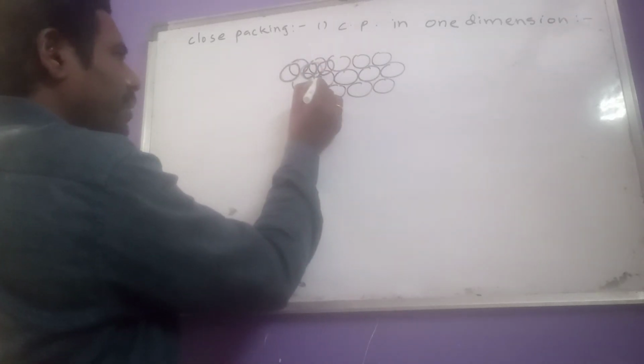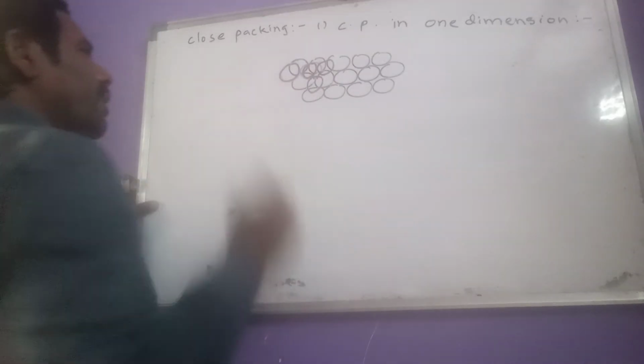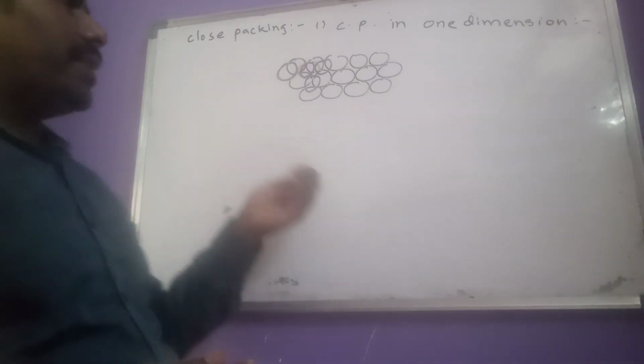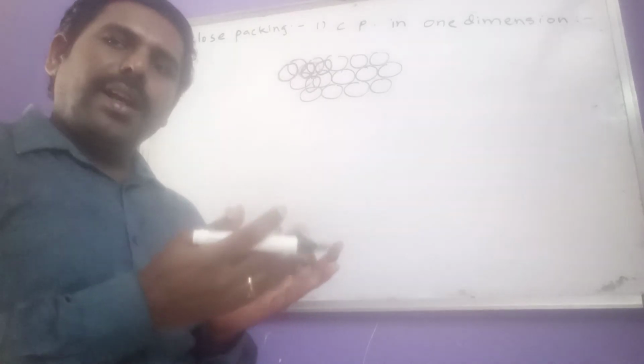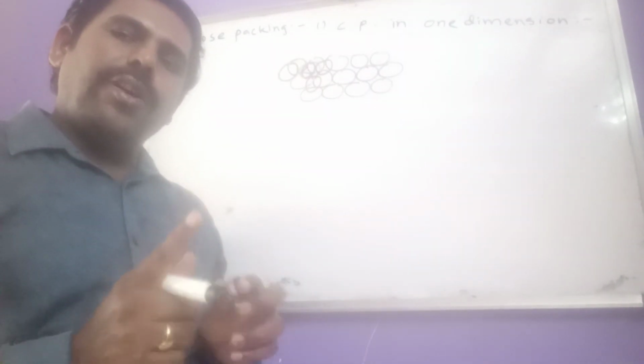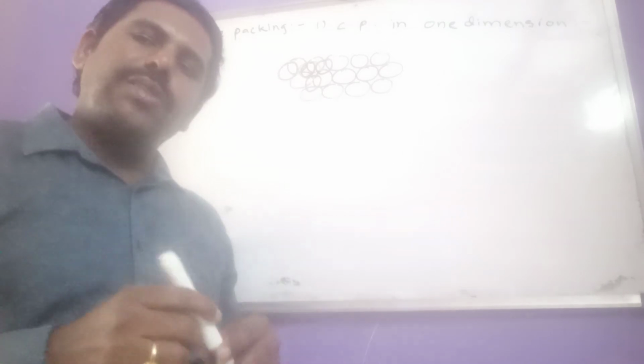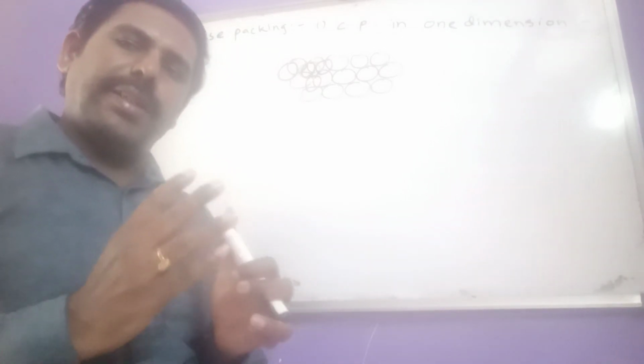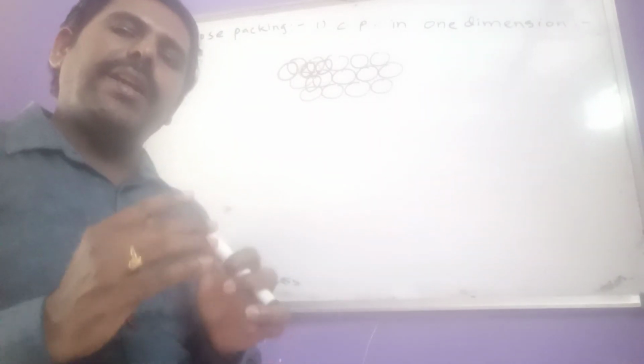Here also I am placing one sphere. Now if we place the second layer on the first layer, we may get two different voids. Voids means vacant spaces among the spheres.